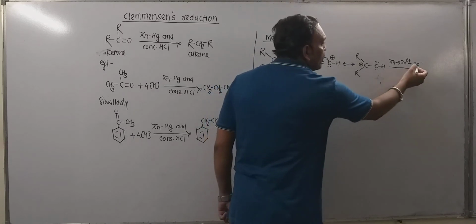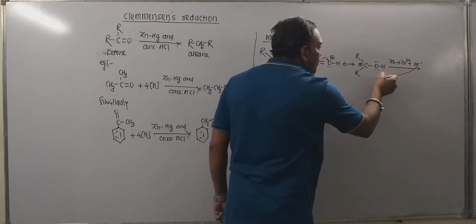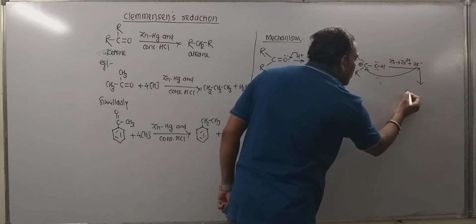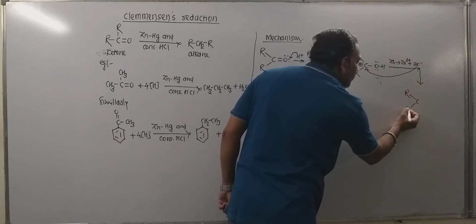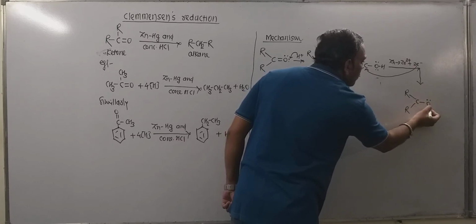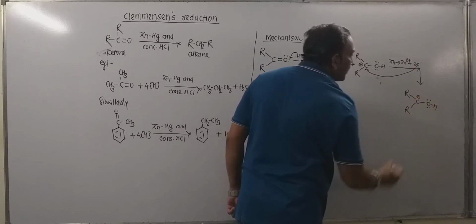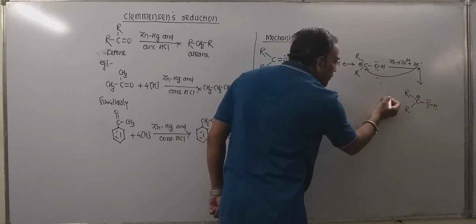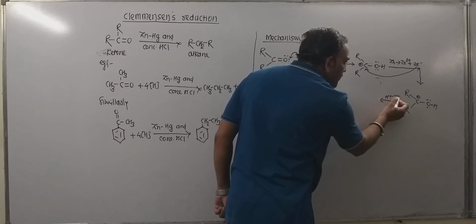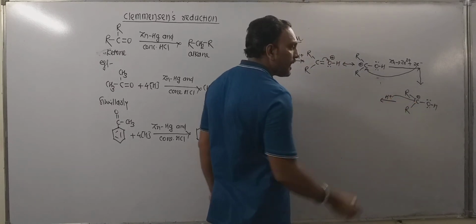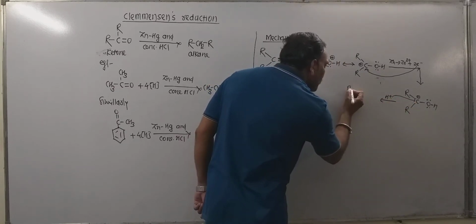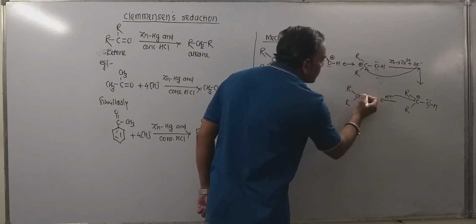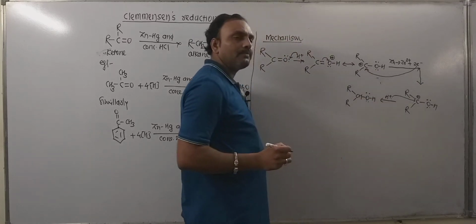These electrons get accepted by the carbon, and the newly formed species can be given in this way. Now our carbon bears a negative charge. This carbon is then protonated further, so H plus attacks this carbon site, and this leads to the formation of a species which can be given as, and remember this is an alcohol.